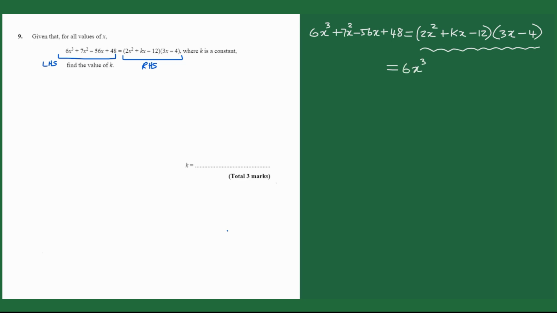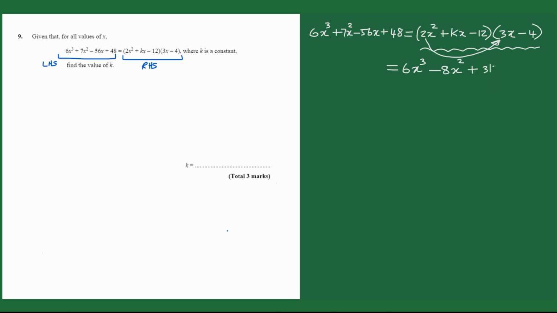2x squared times 3x is 6x cubed. So what I did, 2x squared times that one, 6x cubed. 2x squared times minus 4 is minus 8x squared.